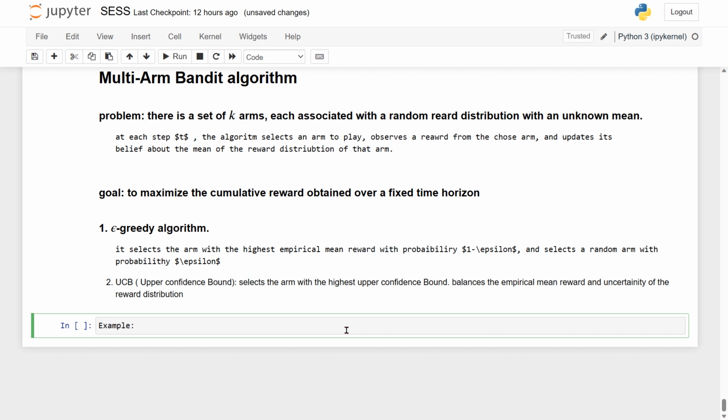Suppose a company wants to determine which of two different ad designs to use for a new product launch.